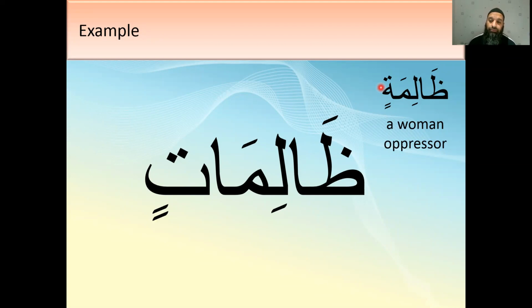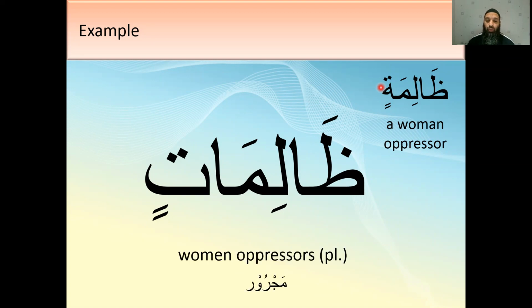Dhalimatin, majroor. Fantastic. Many oppressive women, and it's majroor. It could also be mansoob though, if you saw it just like that. But it's definitely not marfu, because marfu would be dhalimatun.